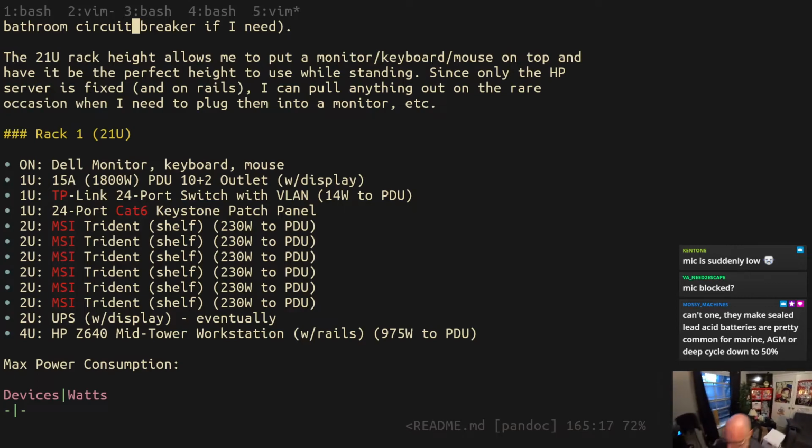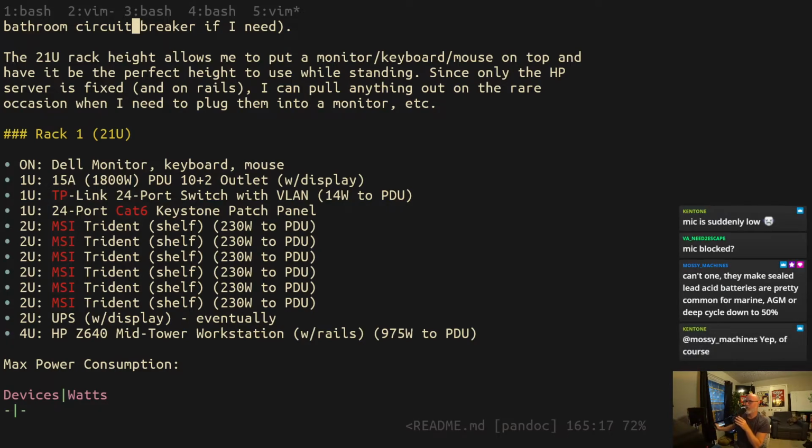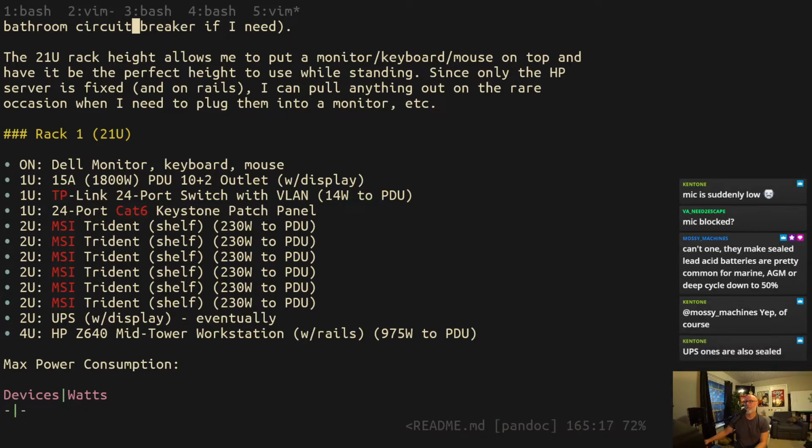Sealed lead acid batteries? I don't know. I like that my camera is portable now, though. EPSs are sealed.